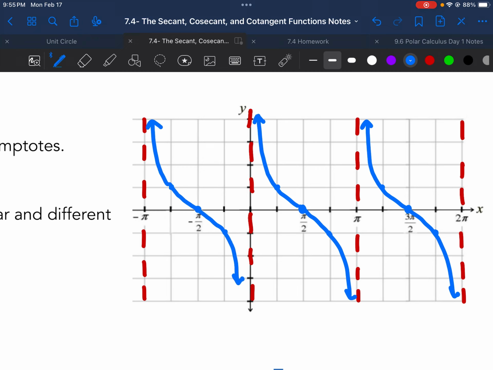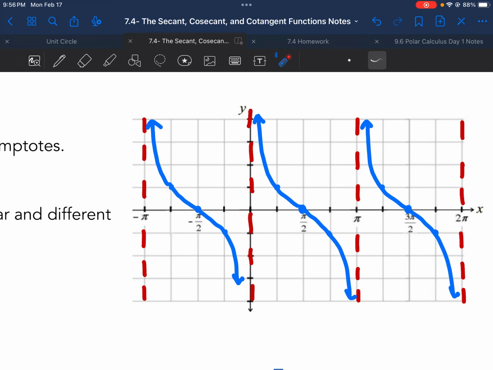Okay, so here's the big differences between the graphs of tangent and cotangent. For tangent, it's wanting to start on the y-axis with a midpoint. For cotangent, the parent function is wanting to start with the y-axis as an asymptote. And then since the period is pi away, we have a new asymptote.